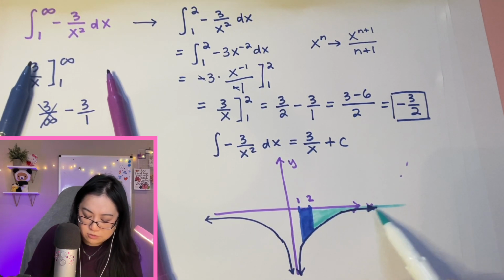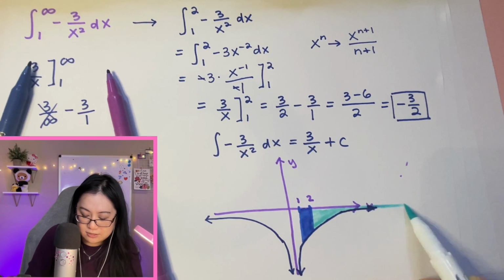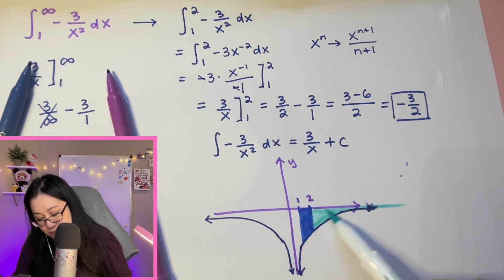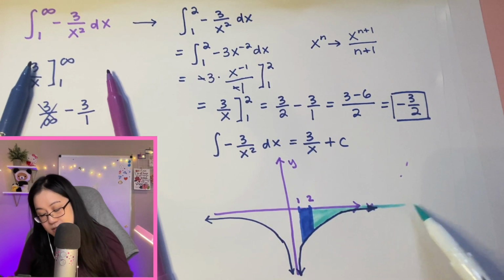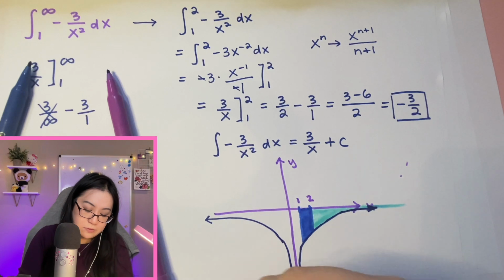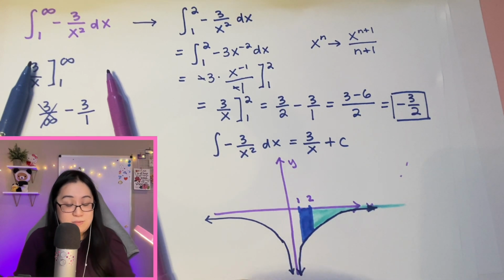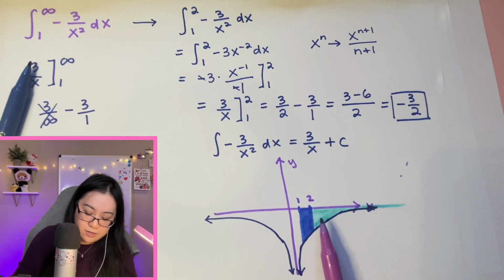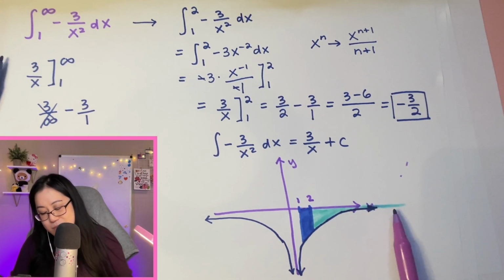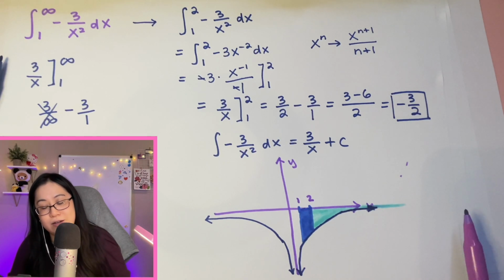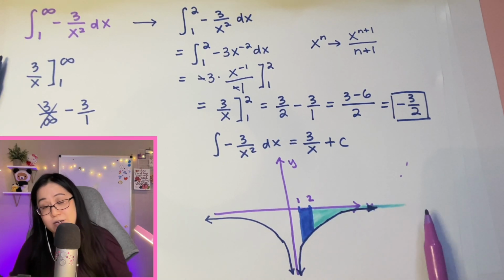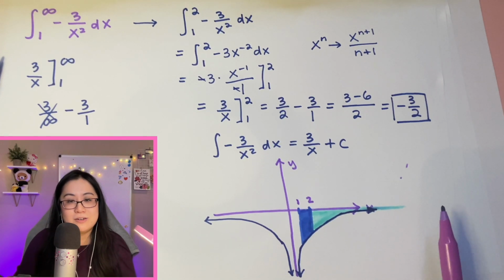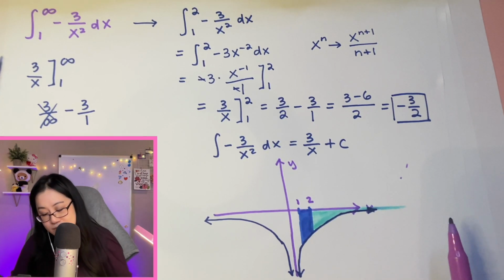And remember that this graph never touches the x-axis, but it approaches it infinitely. This is where things get really interesting, right? So you would think maybe if I keep going here, I'm always adding a little bit of area. So is the total area infinity, or does it, what we call, converge to a particular value?